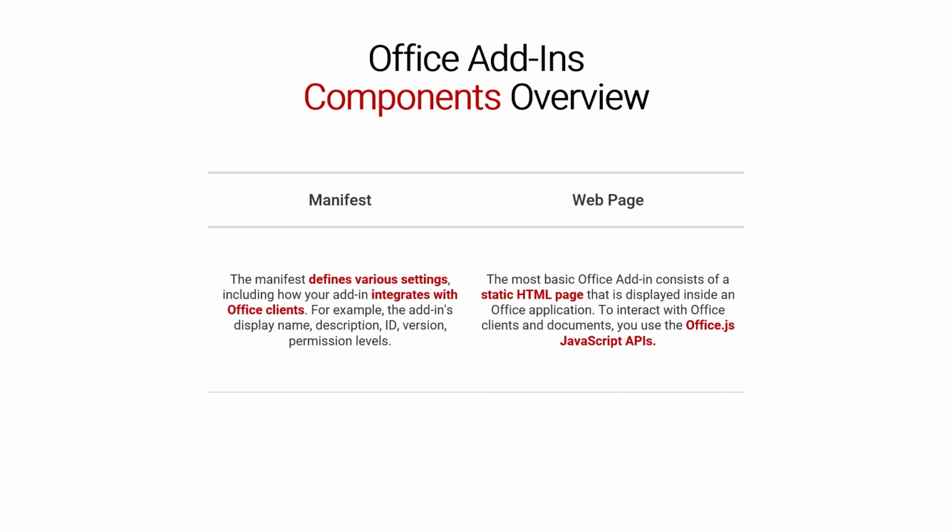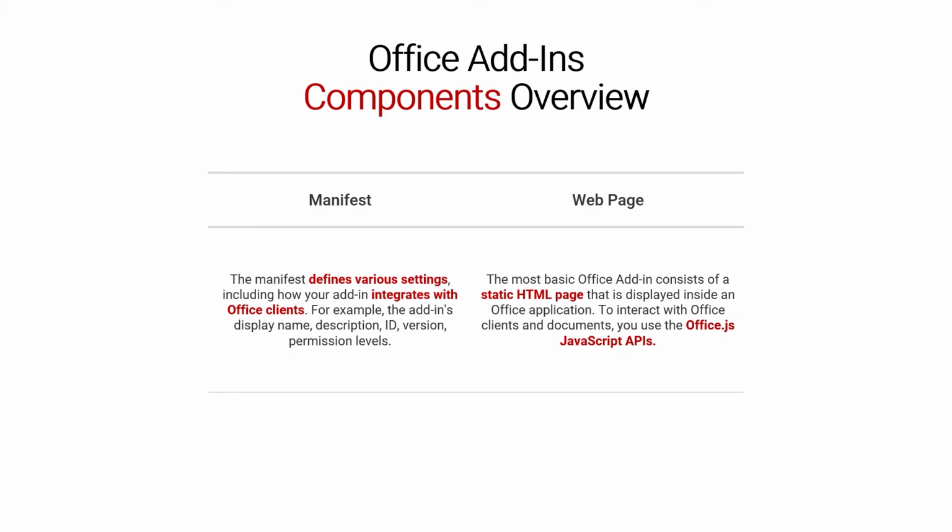To interact with Office clients and documents, you use the Office JS JavaScript APIs. So this is your way to make your add-in interactive. You use the API to select a range of cells, to edit those values in that range of cells, to go out there and make an API call and then set that value in the range of cells.